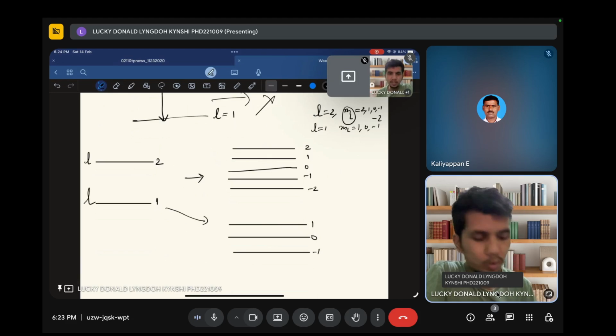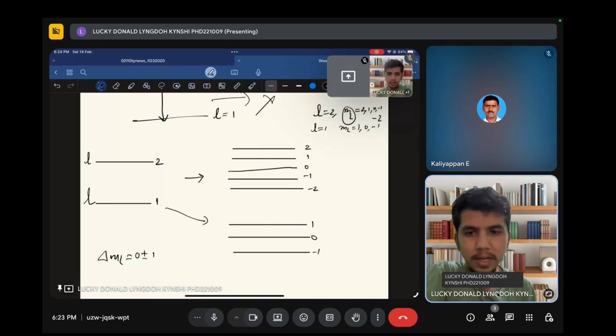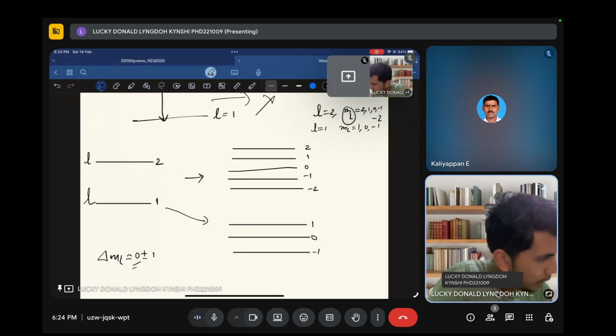Now what is the selection rule? The selection rule is delta ml equal to 0, plus or minus 1. So now you have to find all the possible combinations in which delta ml equals 0, plus or minus 1. The first is minus 2 to minus 1.